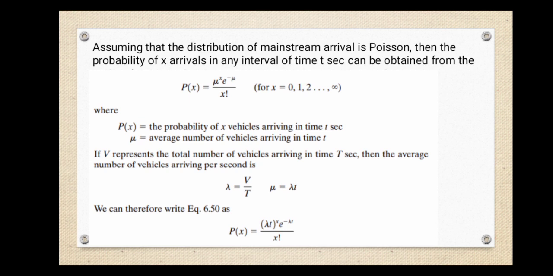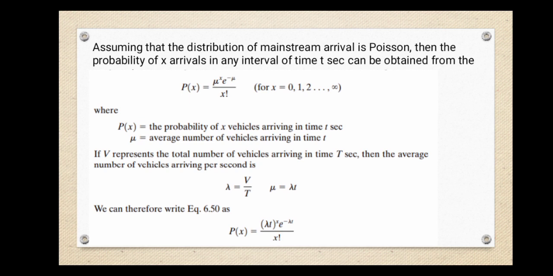So if v represents the total number of vehicles arriving in time t seconds, then the average number of vehicles arriving per second is lambda equal to v over t, and mu is equal to lambda times t.